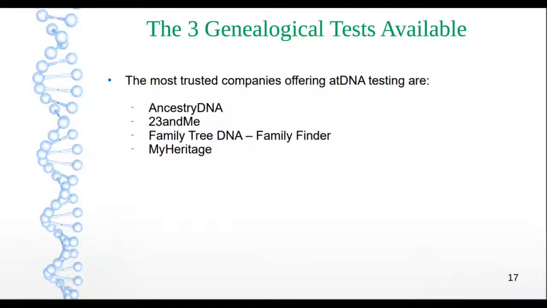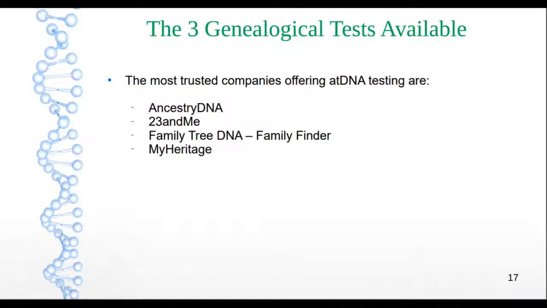The third company is Family Tree DNA, Family Finder. Now, when we were talking before about the Y DNA test and the mitochondrial DNA test, those are offered by Family Tree DNA.